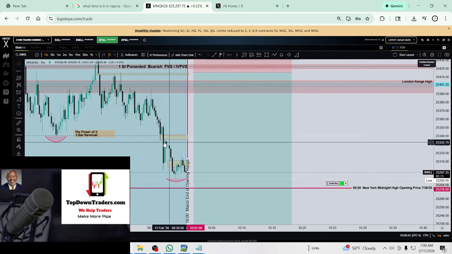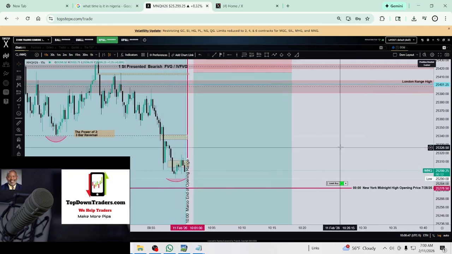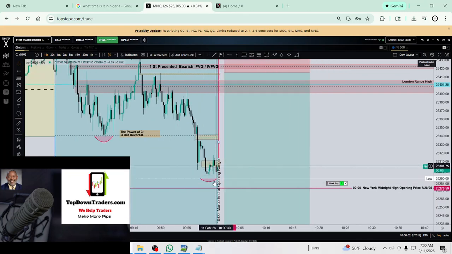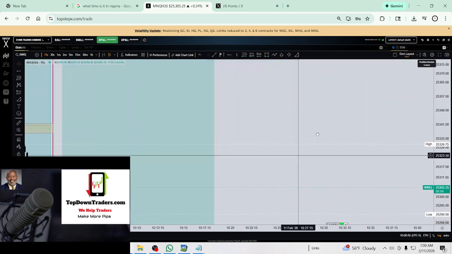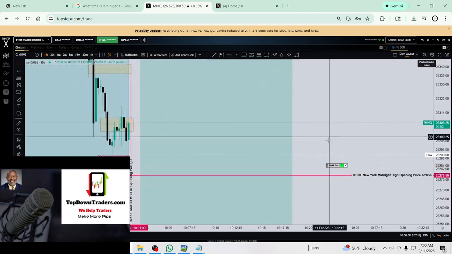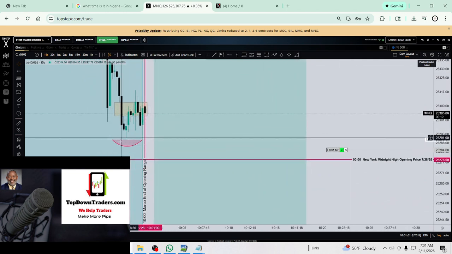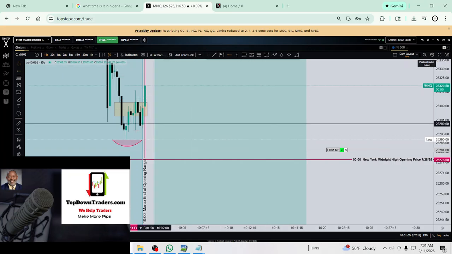Now, because we didn't close, let me see if we have a break of structure here. If this wick goes lower, let's see if we can see this better. Is that a break of, no, no. If we break this wick low right here, let me identify that. Let me use a different thing.